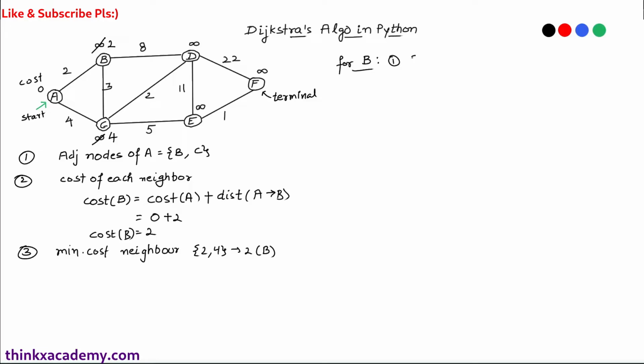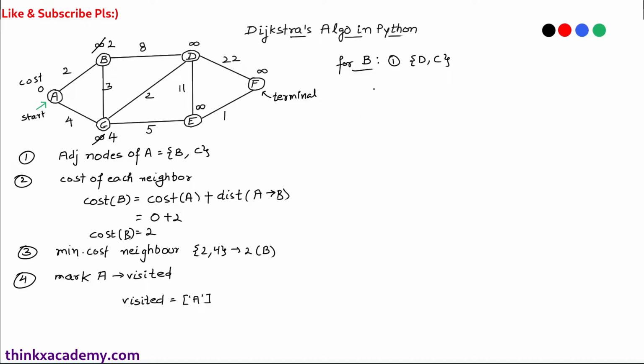For B we have the neighbors D and C. A is also a neighbor, but remember, once we have calculated the minimum cost neighbor, we are going to add another step 4 here, which is mark the node A as visited. We are going to maintain a set visited, which will initially be empty, and now we will add a node to this visited array.